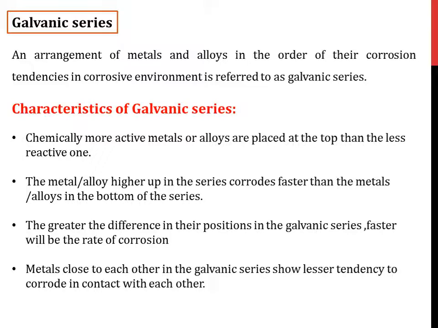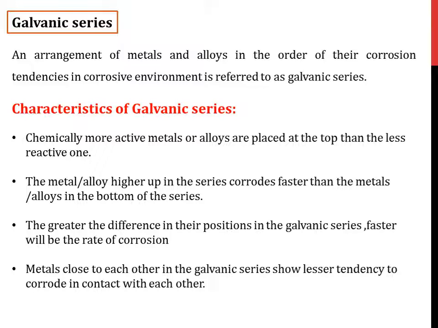Galvanic series. The galvanic series is an arrangement of metals or alloys in the order of their corrosion tendencies in a corrosive environment. Corrosion characteristics of metals can be studied by using this galvanic series.